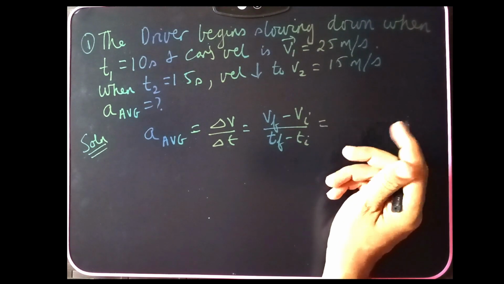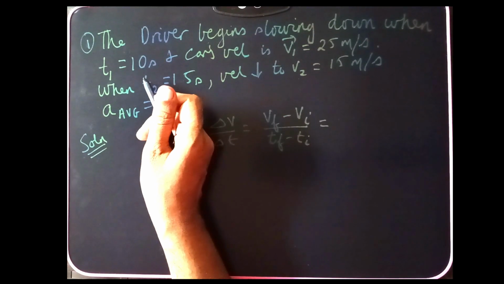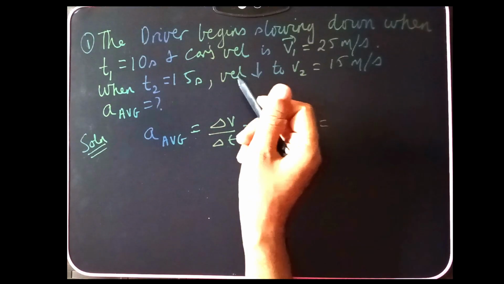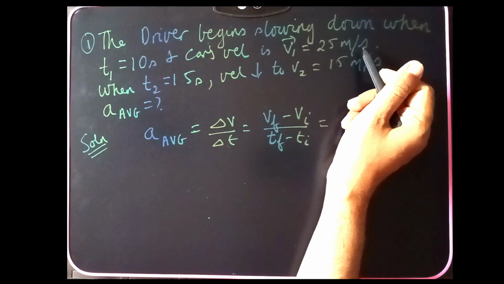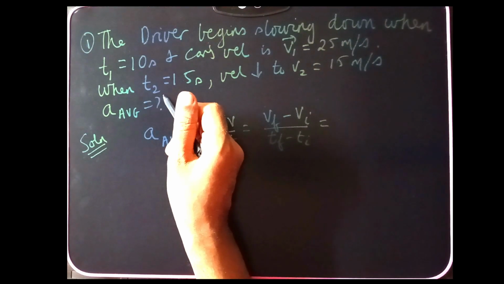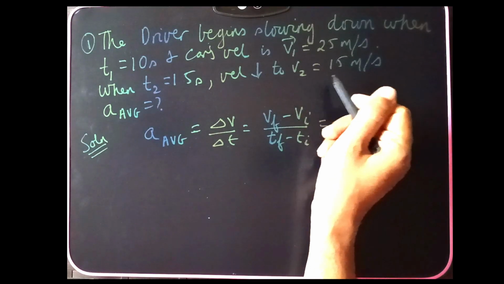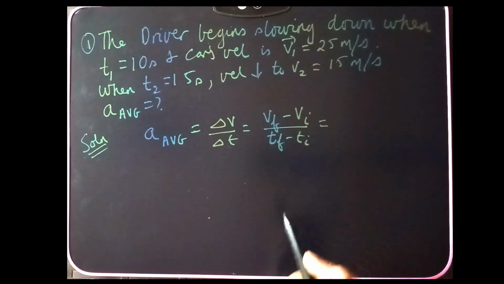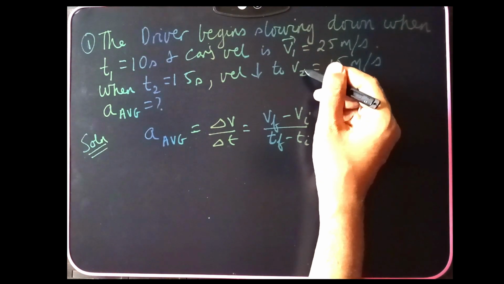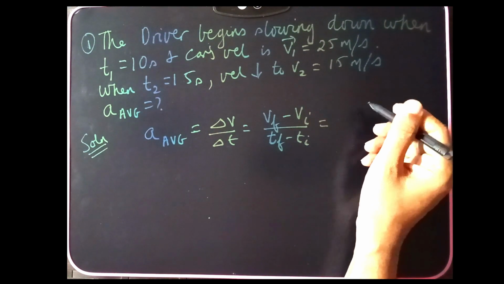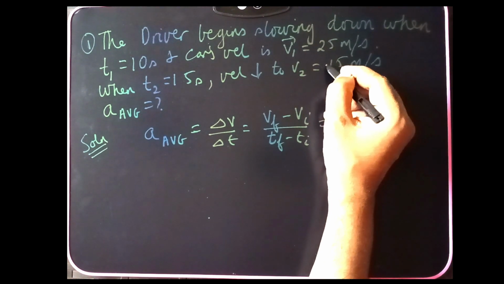So what is t final? The driver begins slowing down when t1 is equal to 10 seconds and the car's velocity is v1 equal to 25 meter per second. When t2 is equal to 15 seconds, the velocity reduces to 15. So v2 is the final velocity, 15, and it is positive, right?